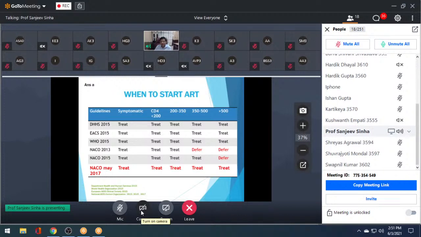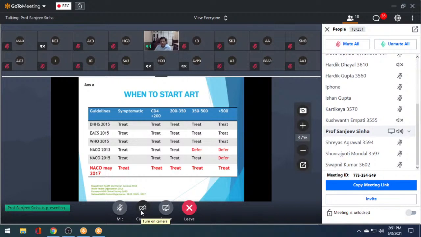Earlier, antiretroviral therapy was to be started according to CD4 count. I still remember when we started antiretroviral therapy and had the antiretroviral center in our department in AIIMS, we only used to give it to patients who had a CD4 count less than 200.